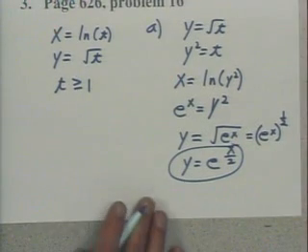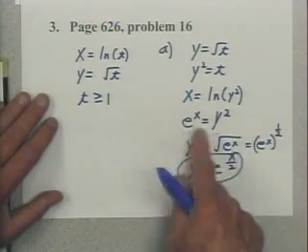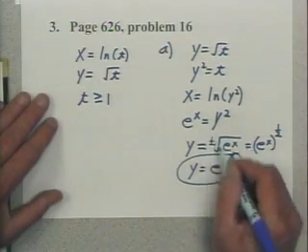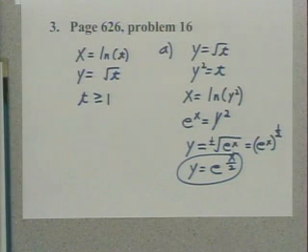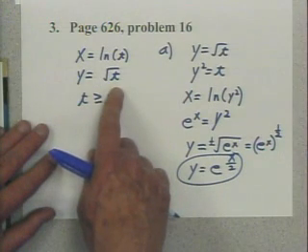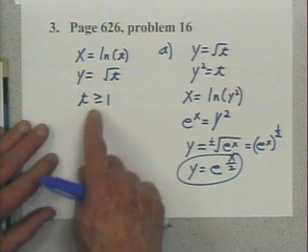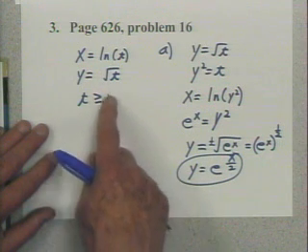All right, but I have one little issue here. I thought when you solve for y, you were supposed to go plus or minus. Why didn't I? Because I look back here, and y is the square root of t. So if y is the square root of t, and t is greater than or equal to 1, y can't be negative.